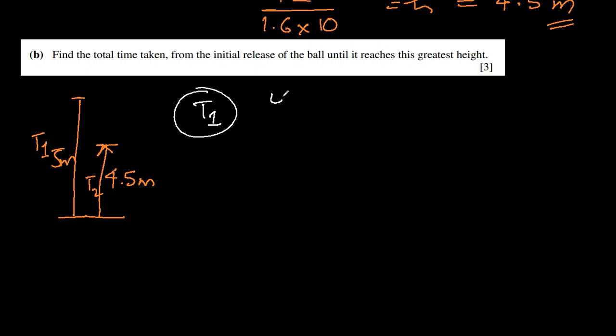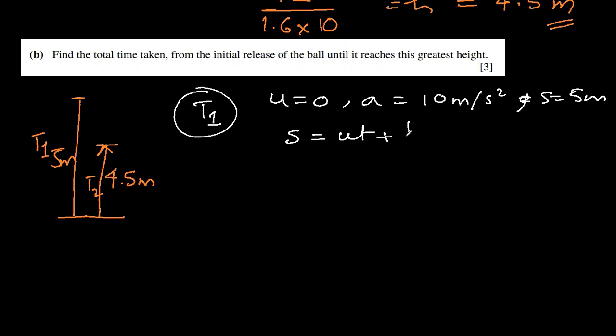Okay, so initial velocity for t1 is 0, it was just dropped. The acceleration is 10 meters per second squared downwards. s is 5 meters it traveled. So we can find time now by this formula, s equals ut plus half at squared.